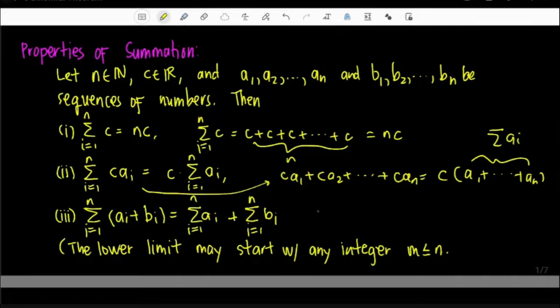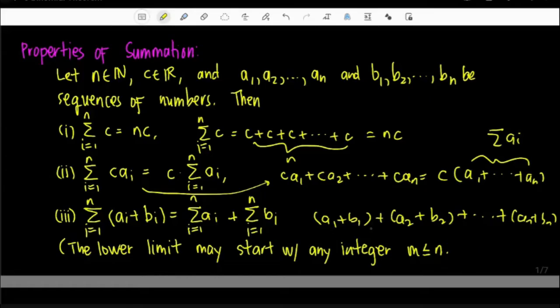So you have on the first a_1 plus b_1, plus on the second a_2 plus b_2, and so on up to a_n plus b_n. Since these are all additions and addition is associative, you can just remove the grouping symbols and then commute the a_i's and b_i's.